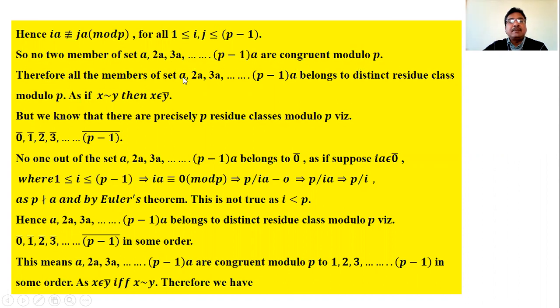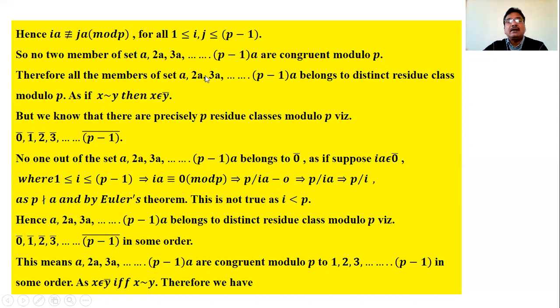Therefore all members of the set a, 2a, 3a, up to (p minus 1)a belong to distinct residue classes modulo p. Because if they are not congruent to each other, they belong to different residue classes modulo p, as if x is related to y, then x belongs to y bar.